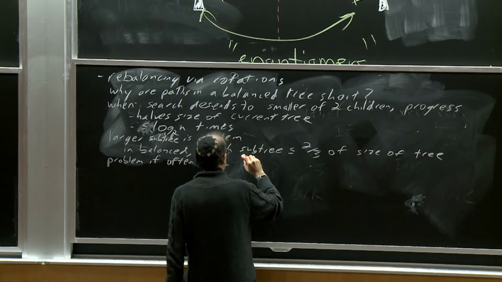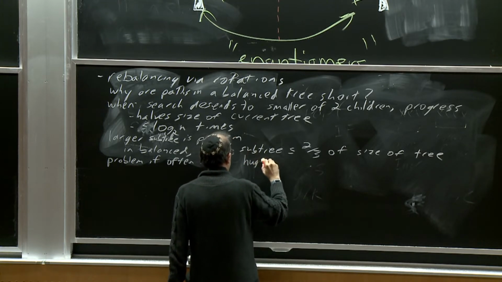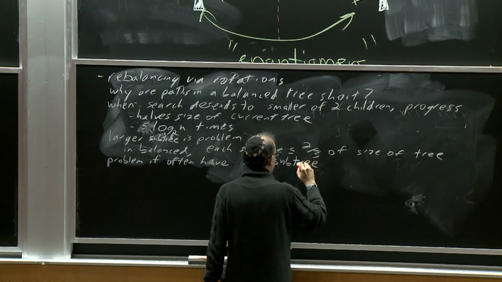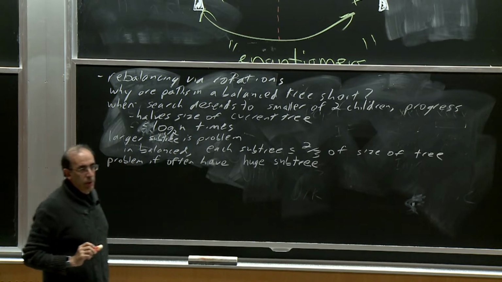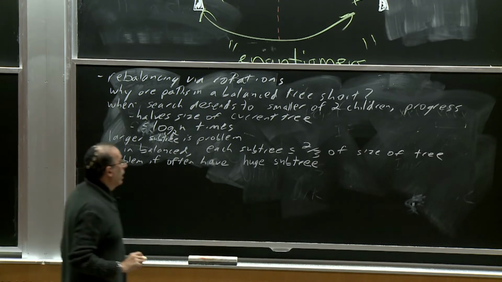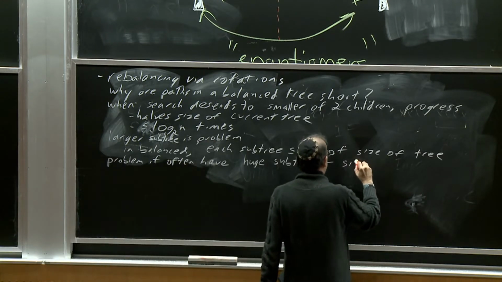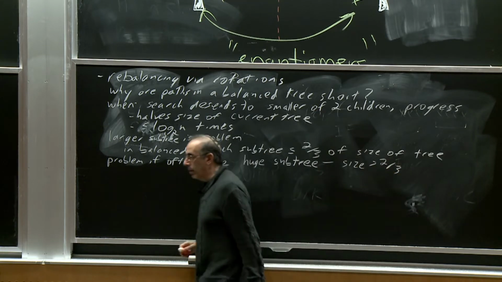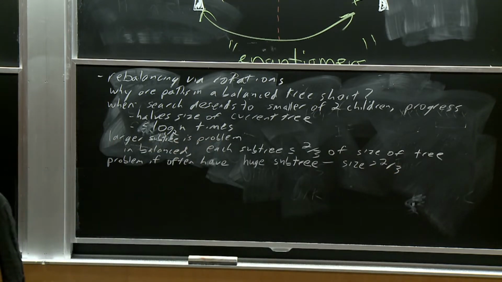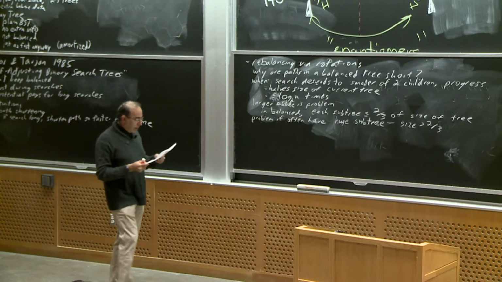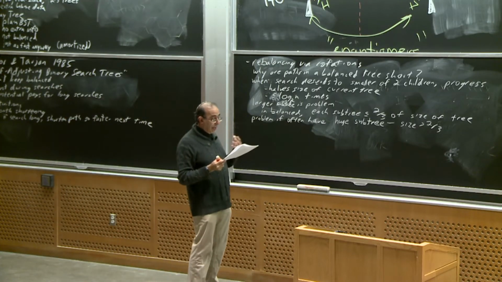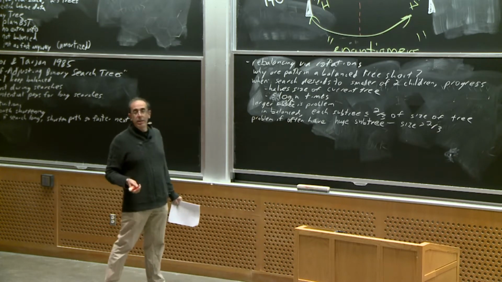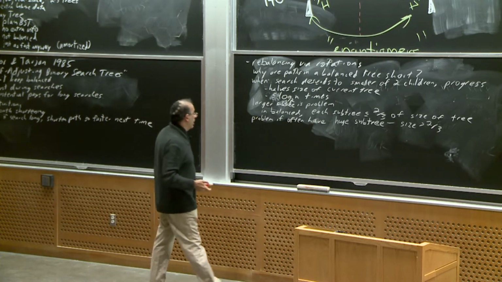And just to pick a word that won't get confused if I talk about large and small, I'll call that a huge subtree, where its size is greater than 2/3 of its parent tree. And so these huge subtrees are where we get into trouble, where they may cause us to take a long time to find our items.